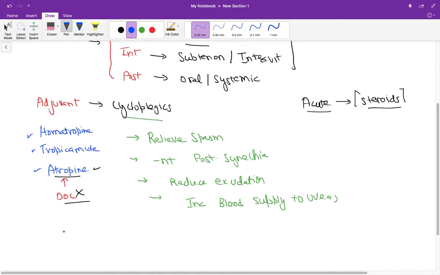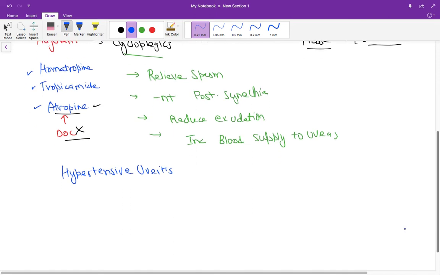Now the second question asked is what would be the drug of choice for hypertensive uveitis? First of all, remember what this term means. Because of the increased cells and the flare, there is trabecular meshwork clogging.